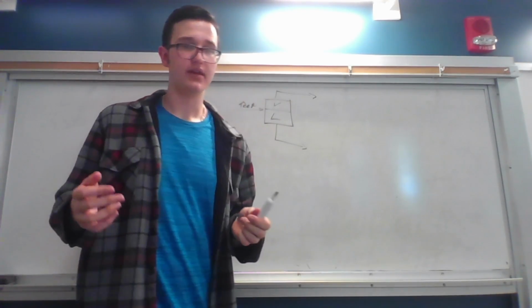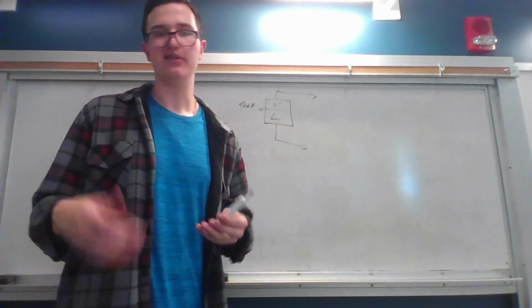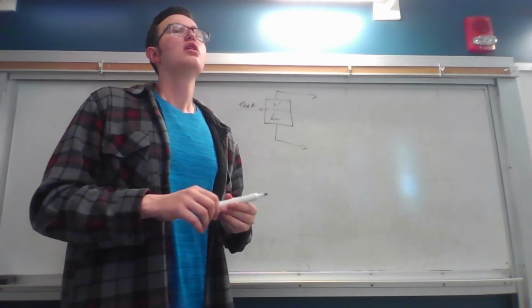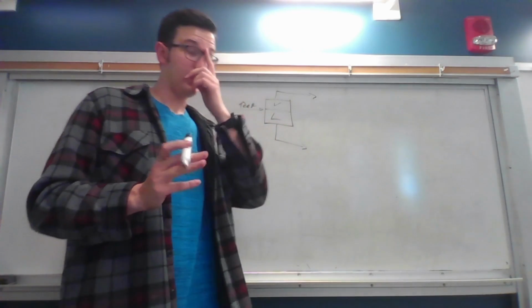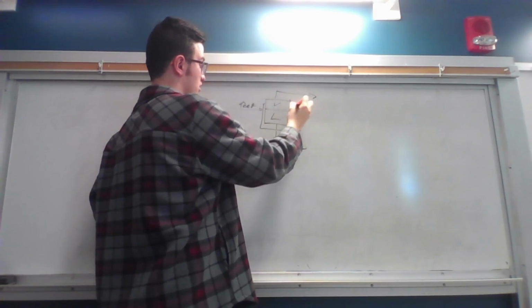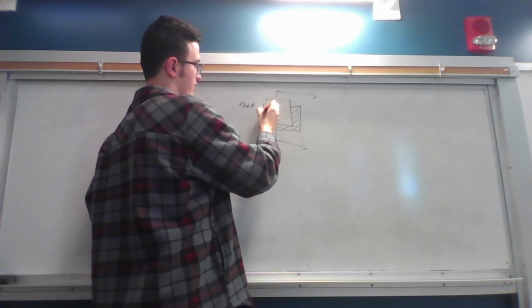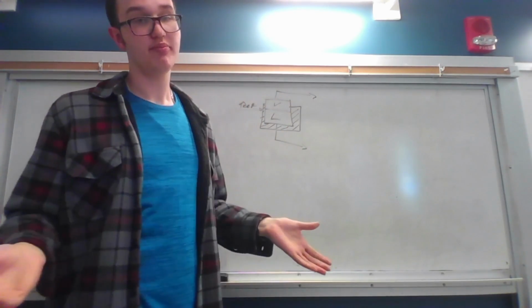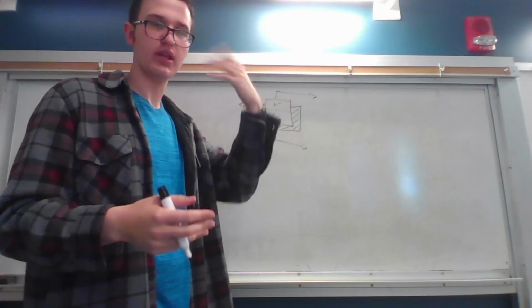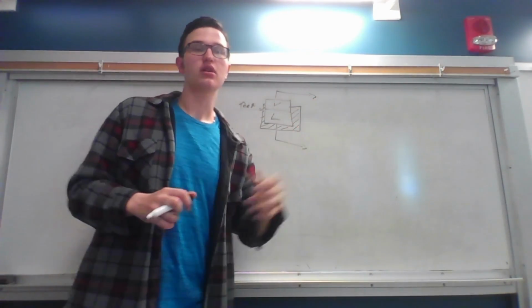The feed's coming in at 2,000 pascals and 370 Kelvin, who knows. What that means is that we have the cooling jacket. This isn't necessarily important for the calculations, but it helps visualize. And we have this here.